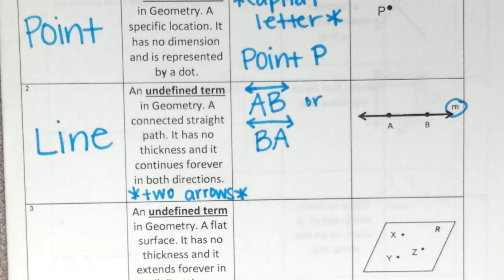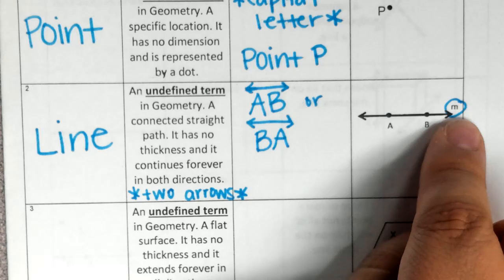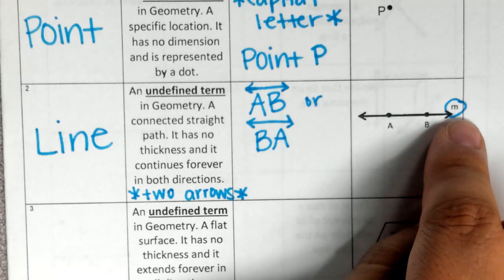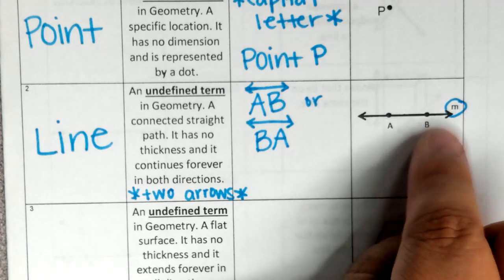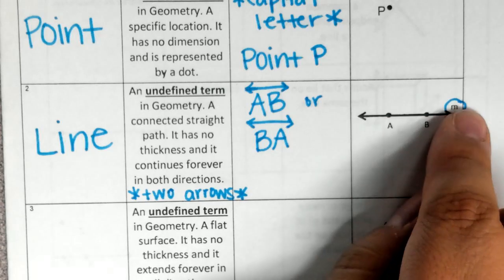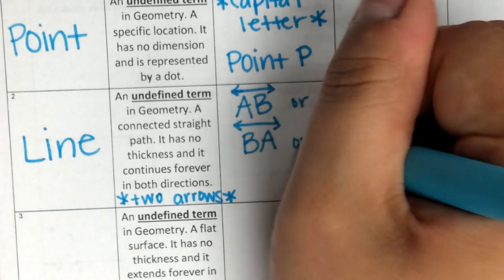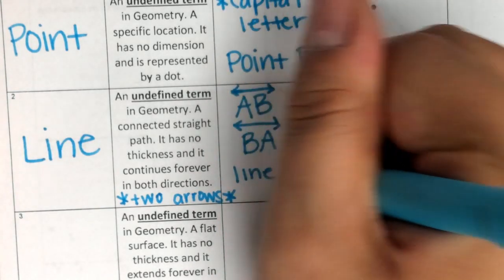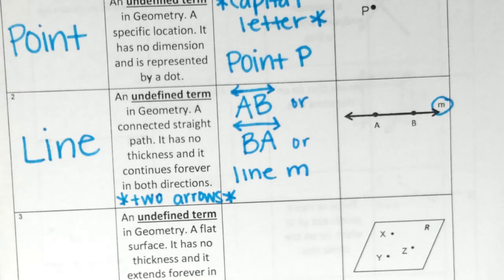Is this a capital letter? So it's not a point because it's not a capital letter. So you cannot put BM or AM. But you can call it line M. That lowercase m is the name of the line. Write that down, please.